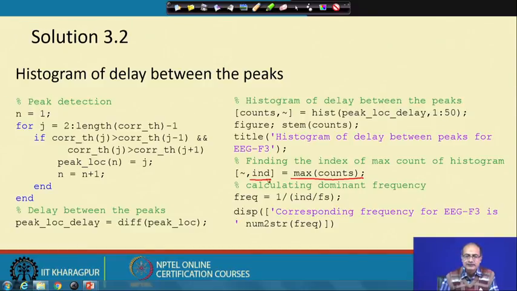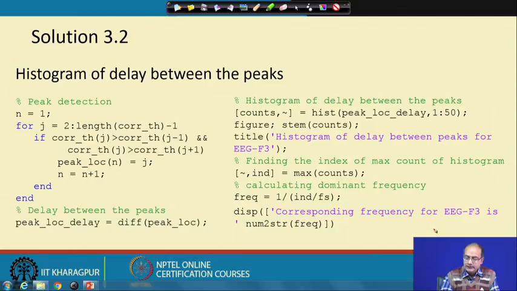It gives us that this much delay is occurring most of the time, and this delay however is in terms of number of samples. So, to get the frequency, we need to normalize with the sampling frequency. So, we need to take care of that, and the corresponding frequency of oscillation is given here. Okay.